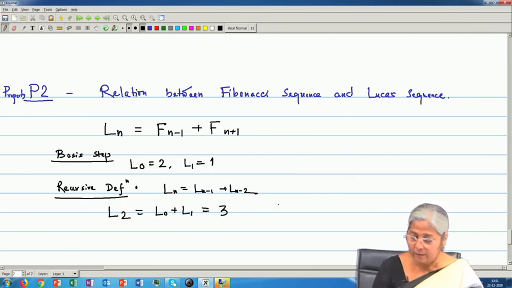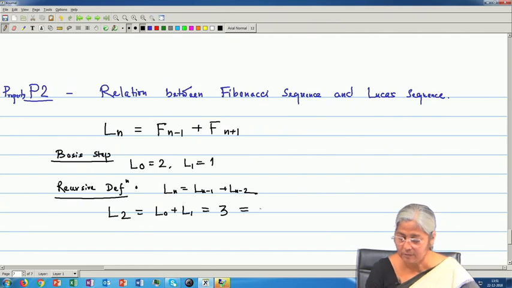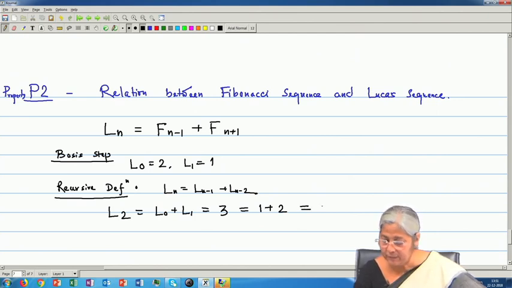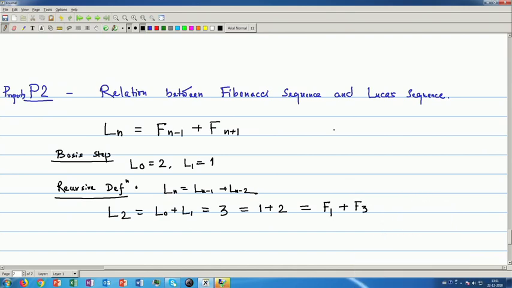And I can write 3 as 1 plus 2, and if we remember that this is f 1, I can write f 1 plus f 3 is 2, because if we remember the Fibonacci, f 0 equal to 0, f 1 equal to 1, f 2 equal to 1, f 3 equal to 2, then f 4 equal to 3, like that.